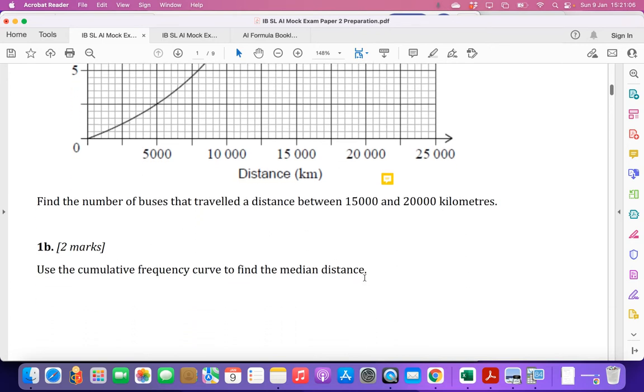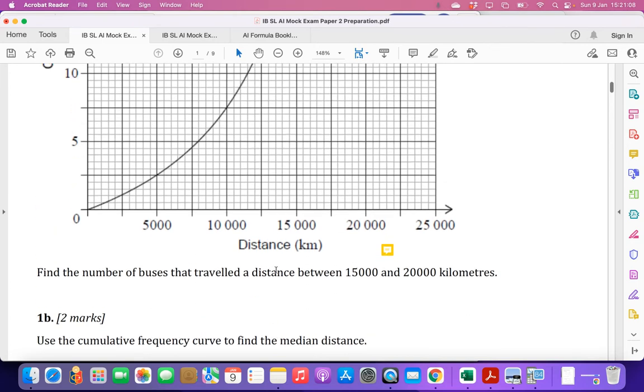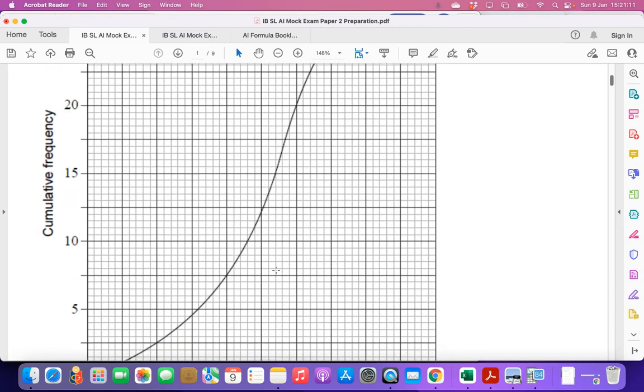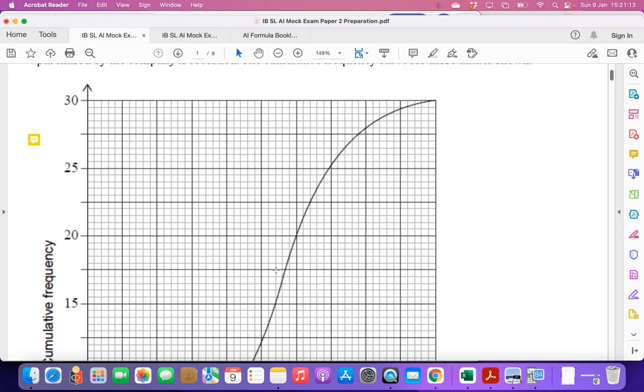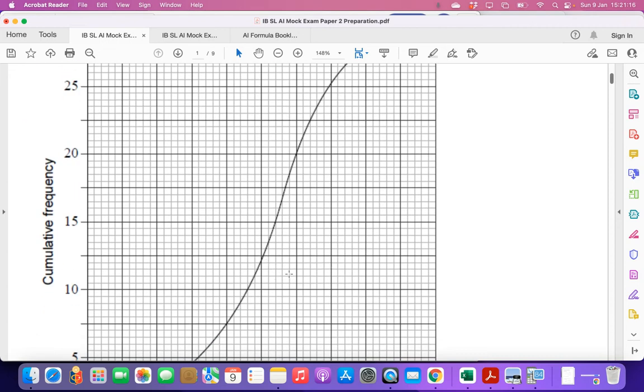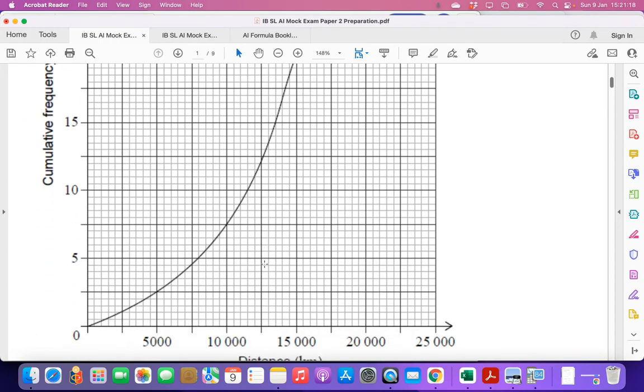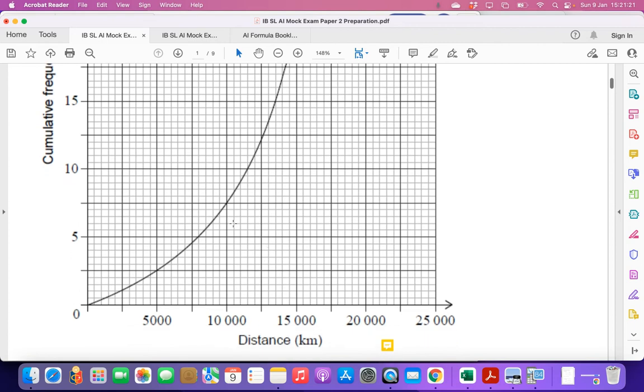Question B: use the cumulative frequency graph to find the median distance. Normally we would do n plus 1 divided by 2 to find the middle number, but because there are 30 buses, it's a pretty big number. We're just going to say the middle number is 30 divided by 2, which is 15. Going across at 15 buses gives a nice intersection, remembering 500 per division.